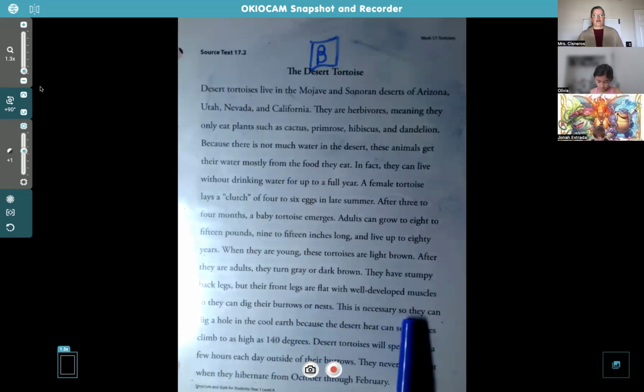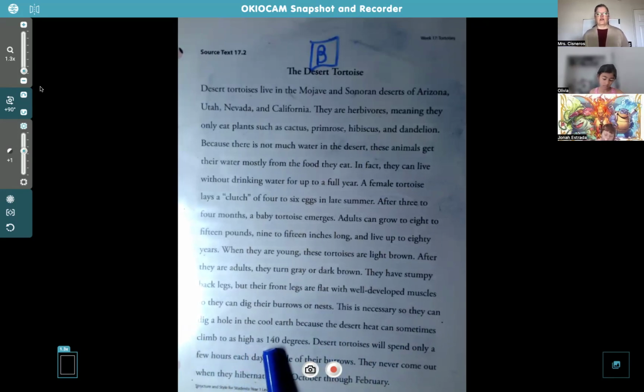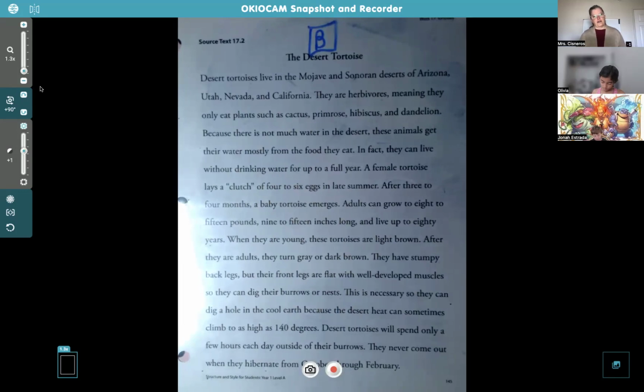This is necessary so they can dig a hole in the cool earth because the desert heat can sometimes climb as high as 140 degrees. Desert tortoises will spend only a few hours each day outside of their burrows. They never come out when they hibernate from October through February. There's a lot of facts in here. We're not going to be able to write about all of them. This is where you're going to pick your favorites.